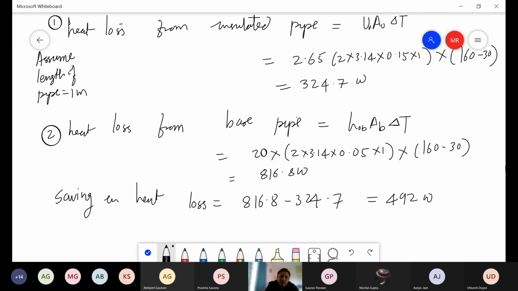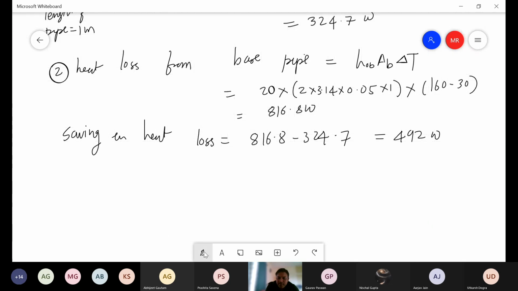Yes, sir. Now what is the unit of watt? Joule per second. So this is the energy saving you are getting per second, isn't it? But very often we look at it year wise, isn't it?